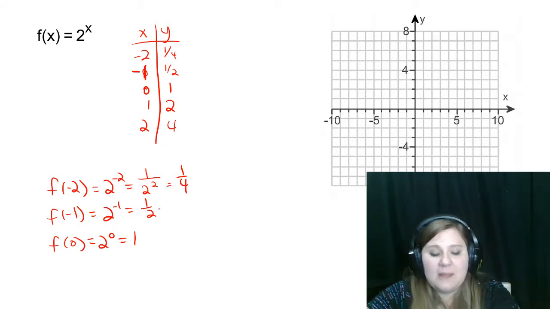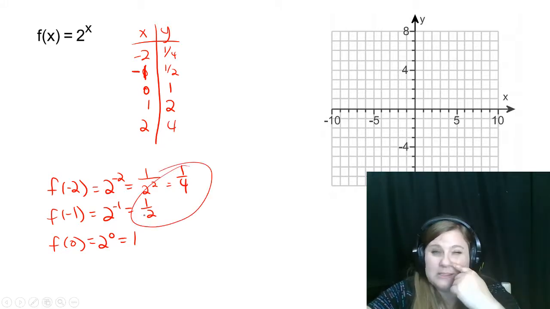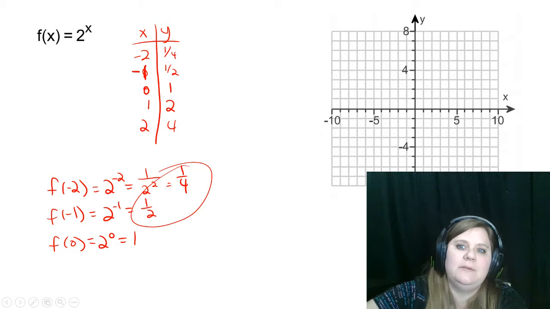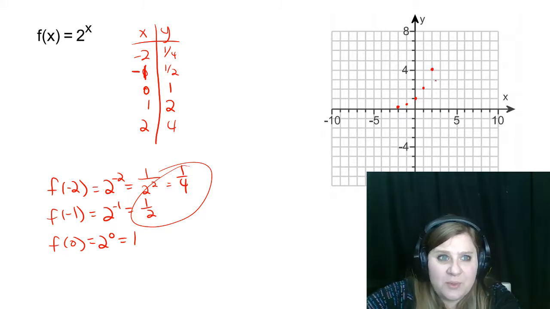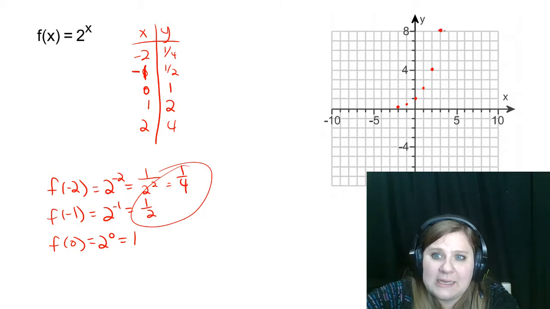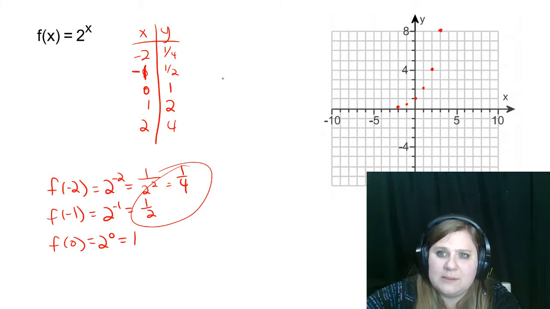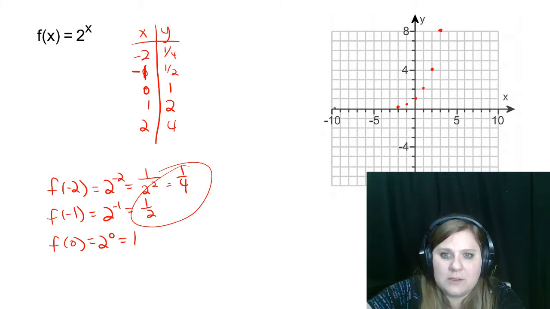Okay? So I mostly show the work for these ones because the fractions start to get a little sketchy if you don't write them down. So I have -2, 1/4; -1, 1/2; 0, 1; 1, 2; and 2, 4. If you wanted to do 3, 3 would end up being 8, just for your reference. All right, and we know we have a horizontal asymptote at y equals 0 that we're having to follow here.